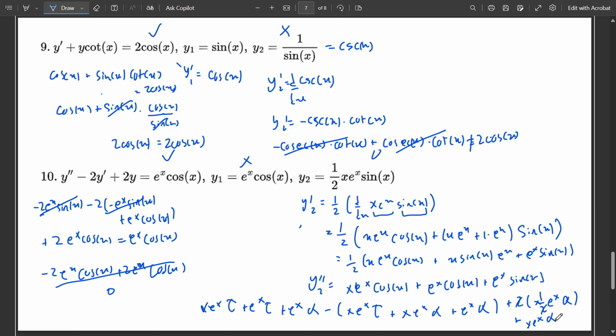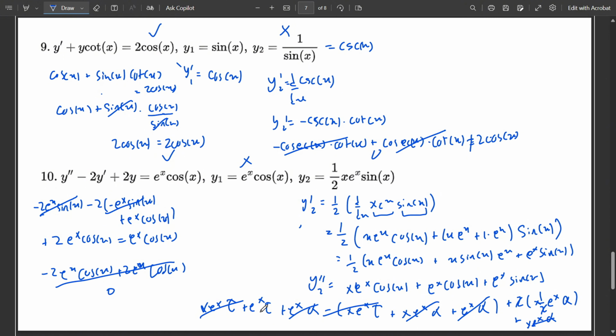Let's see, is there any term that can be cancelled out? x e to the x tau minus x e to the x tau cancels. e to the x alpha minus e to the x alpha cancels out. x e to the x alpha minus x e to the x alpha cancels out.